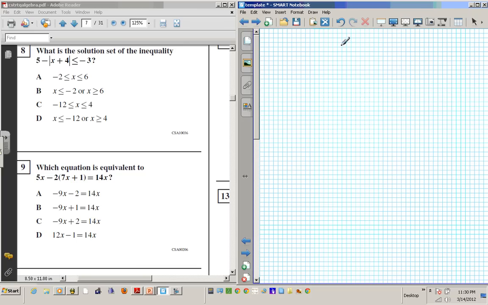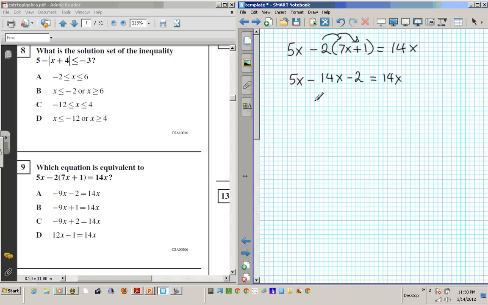So let's simplify the left side as much as possible and see which match we can have. If we distribute the negative 2 to these two numbers right here, we're going to have 5x minus 14x minus 2 equals 14x.